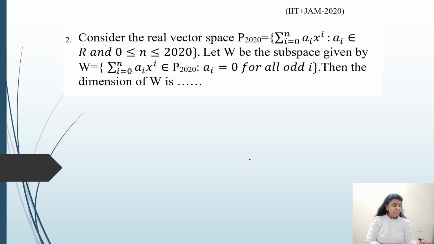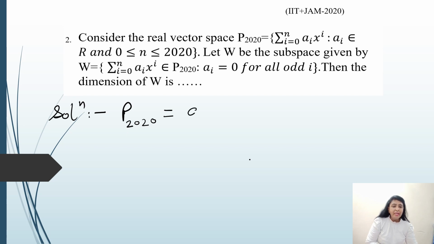Now the P set is given to us. Solution. P 2020, just expand it: put i equal to 0, so you will get a0 x raised to power 0, that will give you 1.